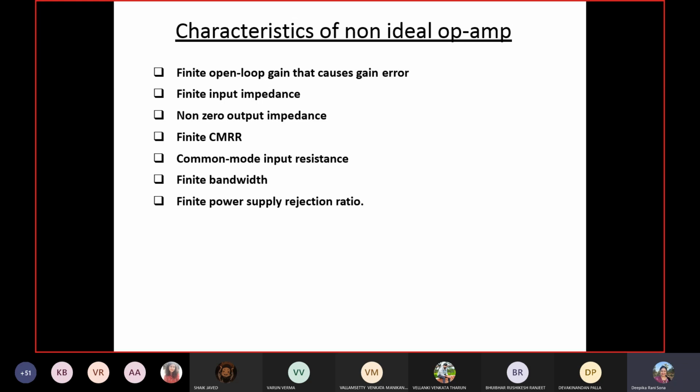In the ideal op-amp the gain is very high, and we saw that Vo equals gain times V in. So if we take such a high gain, we cannot control the output voltage of the operational amplifier, and we cannot design any circuit to come into use.